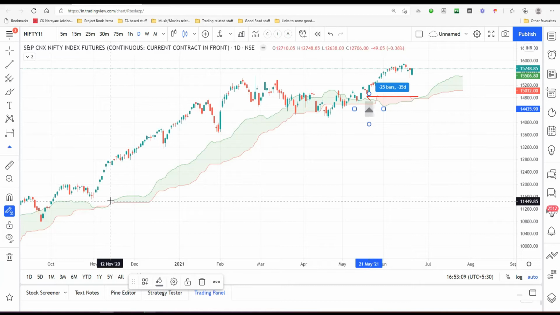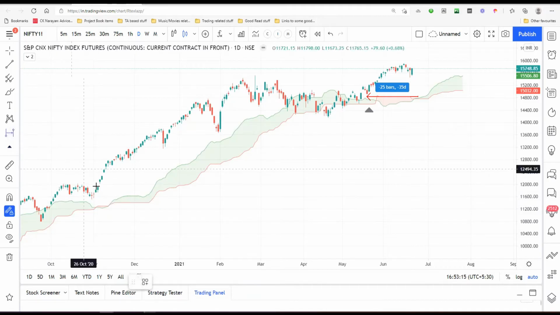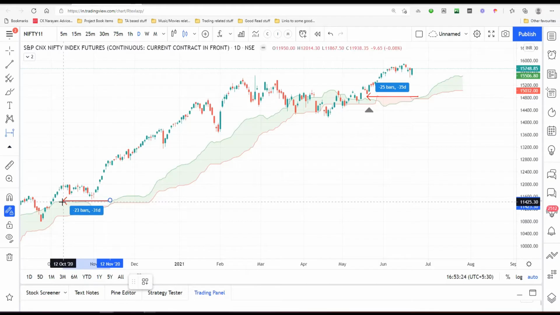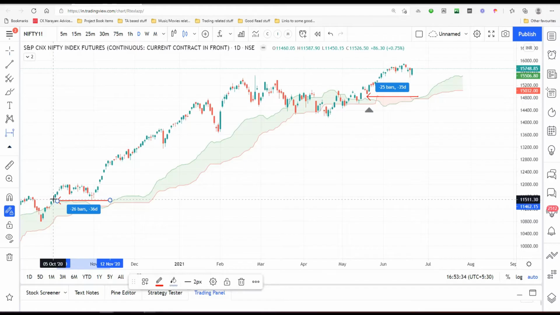And then, if I were to take the time counter and go back 25 bars, because that is what it says in TradingView, if you take 25 or 26 bars, that is where it will show up. So this is where it will show up.